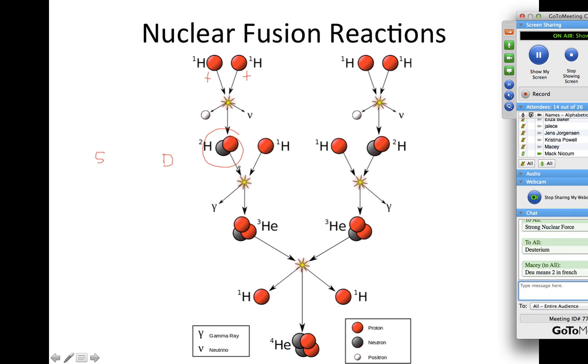So if the deuterium collides again, very fast and very close, with a proton of hydrogen, then it is going to fuse again and form a helium atom, now of tritium. Okay, tritium means three.